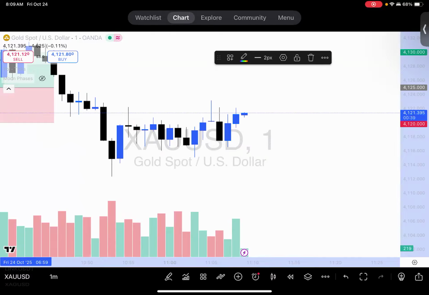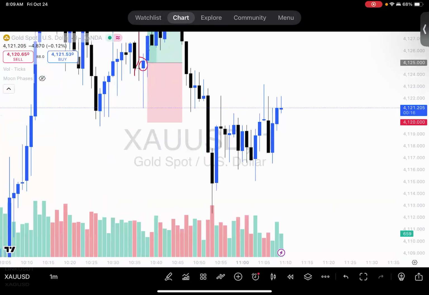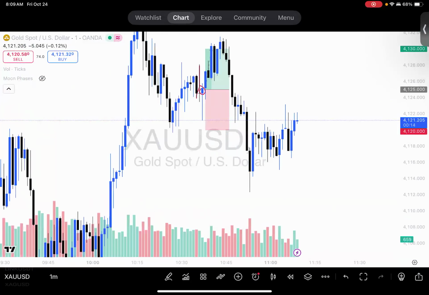And now we are pushing higher again. Let's just see how this plays out. Sometimes it takes a little bit for the market to print a few candles on the smaller time frames to show us what it wants to do, where it wants to go.